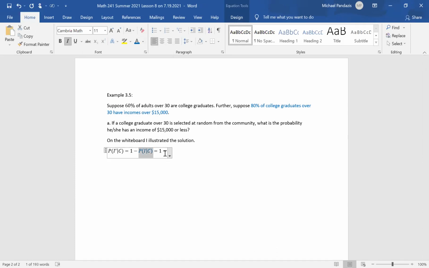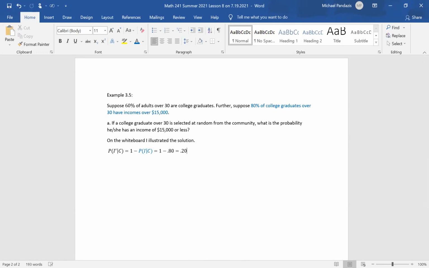So 80% of college graduates over 30 have incomes over 15,000, and so that's the 0.80 there, and so 1 minus 0.80 is 0.20. Okay, and so that's the answer, a faster way. But with the Venn diagram, I'm illustrating for you how you get the answer.